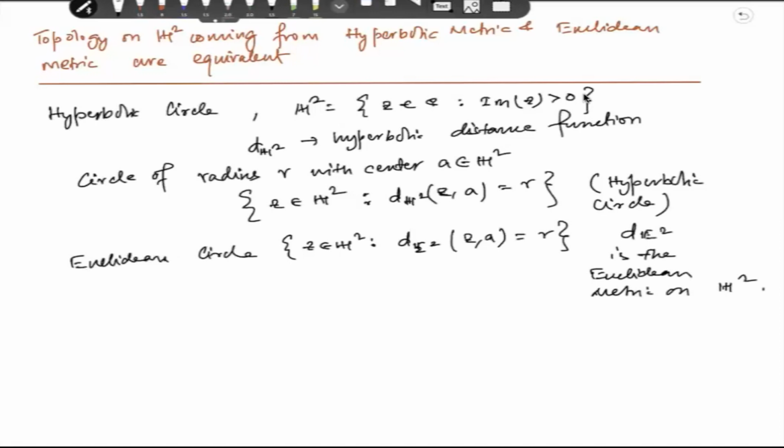Okay, so the first claim is the following. Proposition: hyperbolic circles are Euclidean circles.